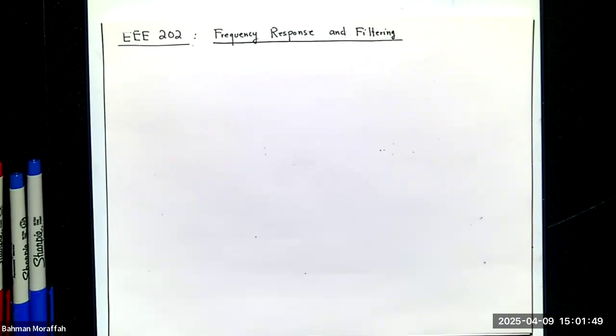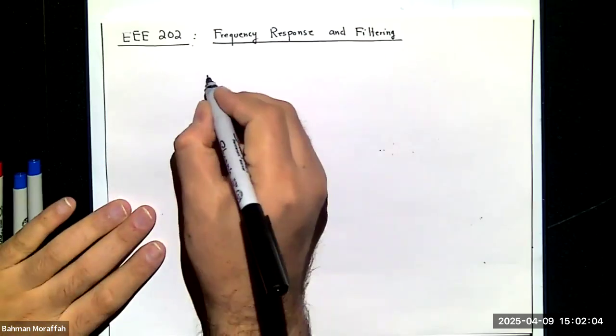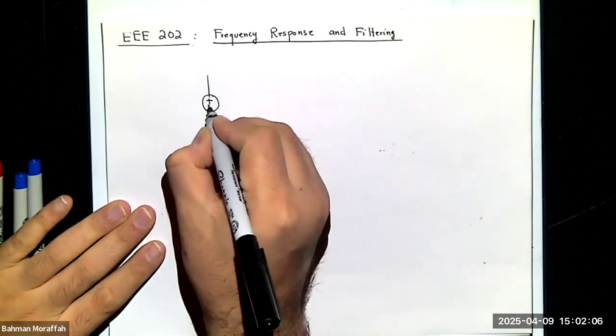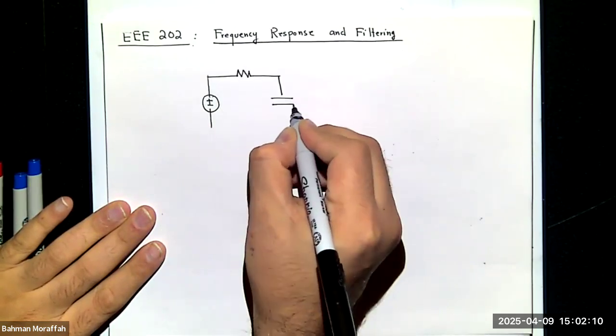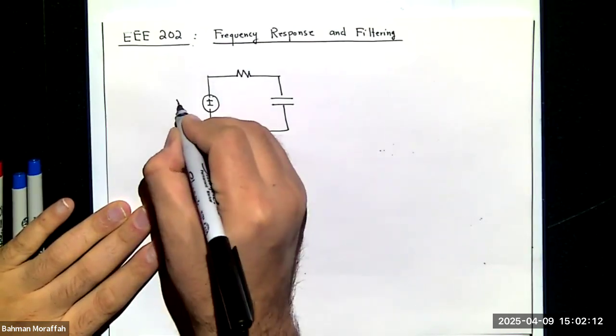Let's think about the whole circuit as a system, right? And this system has some input and has some output, right? So for example, let's just say I have this very simple circuit. It's an RC circuit that we talked about.